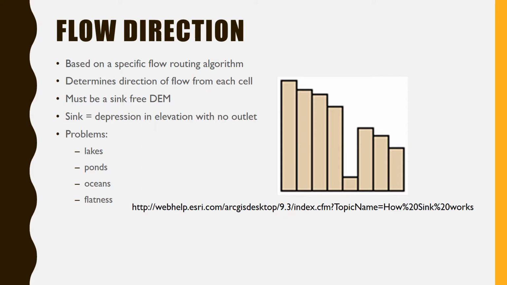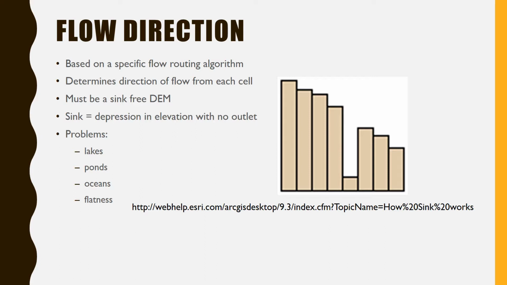This is a two-dimensional illustration of a digital elevation model, and we have a specific flow routing algorithm, regardless of what it is, going to then determine where that water would flow if it was poured on that top cell, represented in this case by a column. It would go to the one below it, and then the one below it, and the one below it, and the next one.